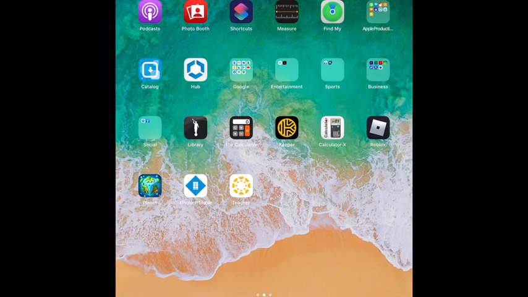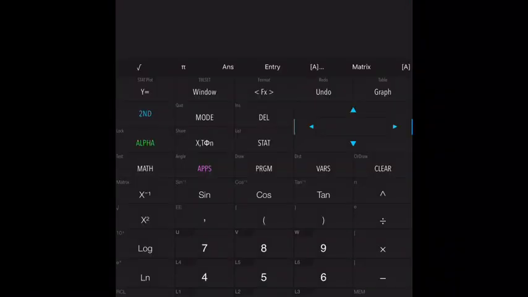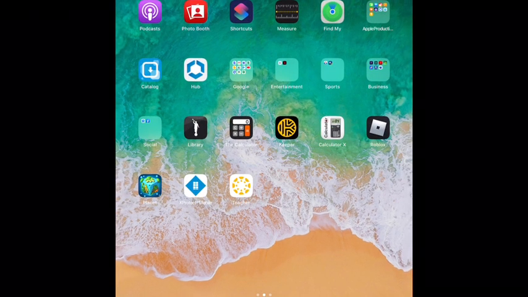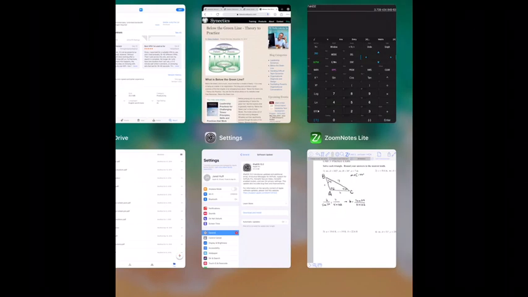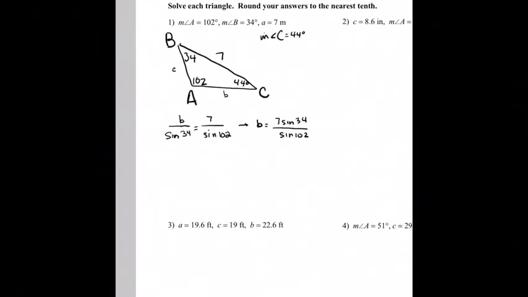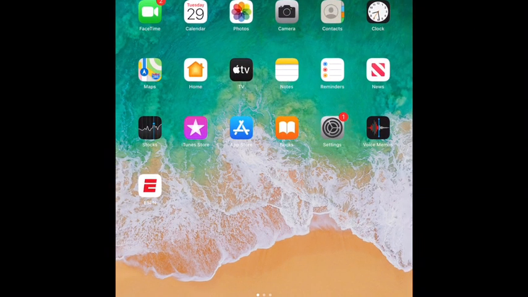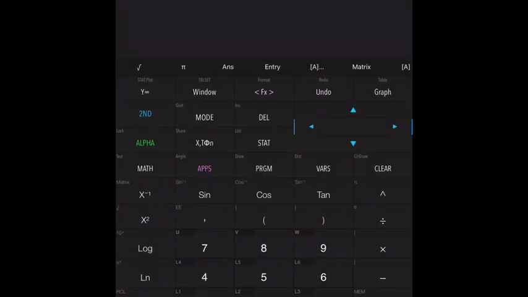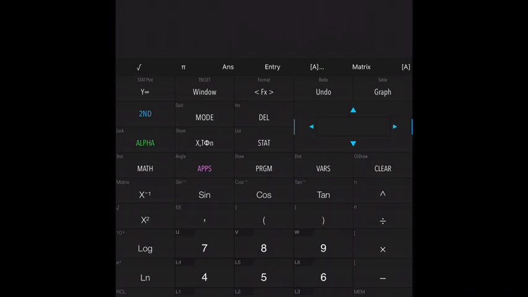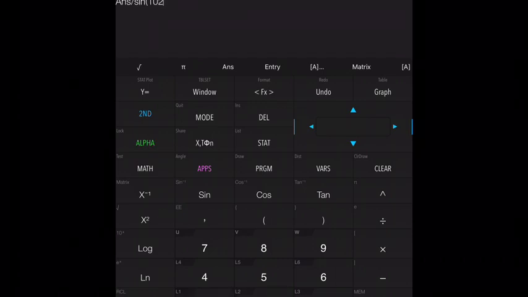So we need a calculator now. 7 times the sine of 32. Actually, it was 34. Let's try that again. 7 times the sine of 34, and then we need to divide that by the sine of 102.